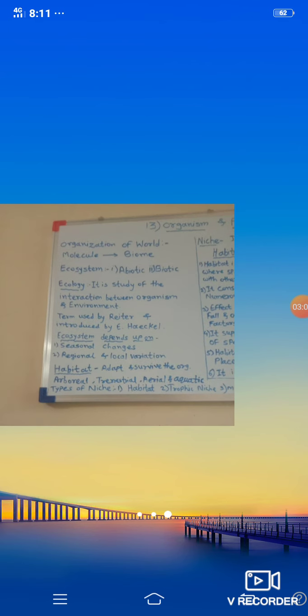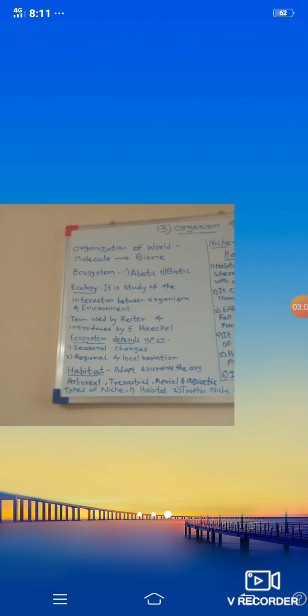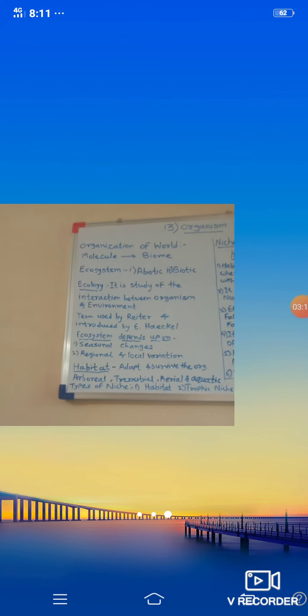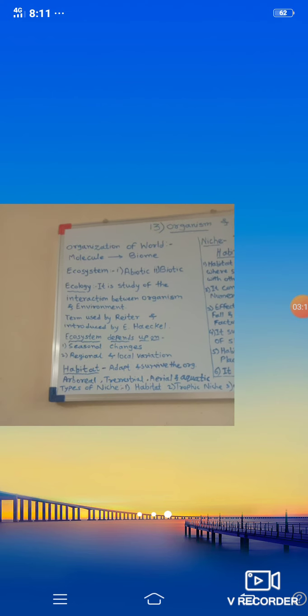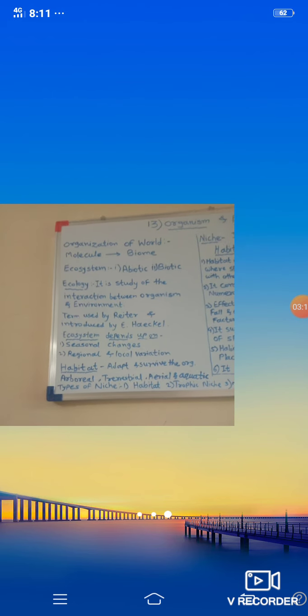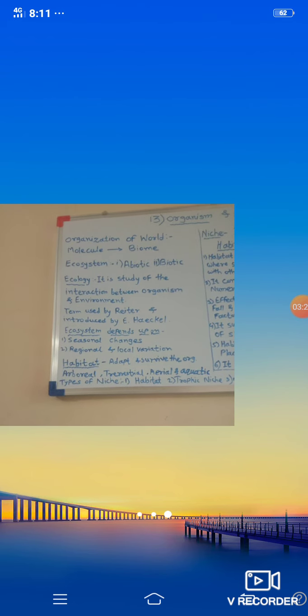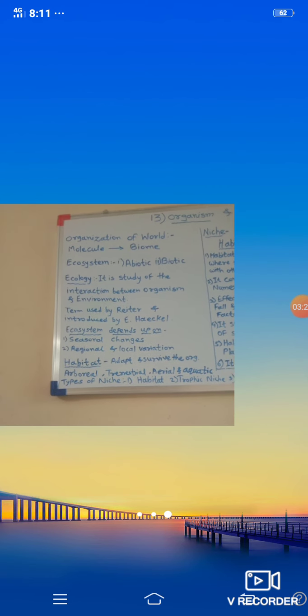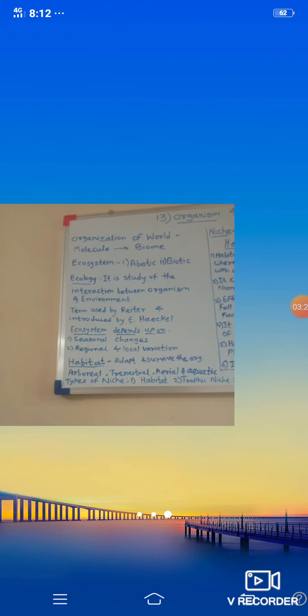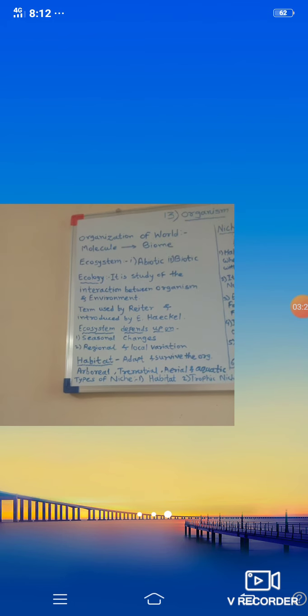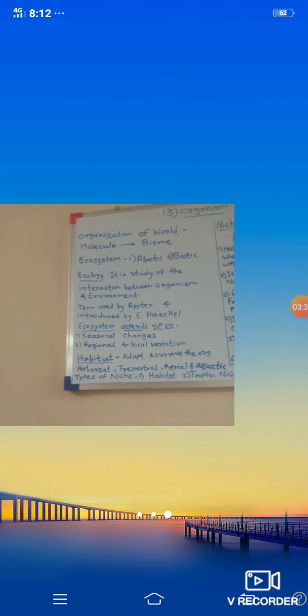Biotic means the living organisms. All living organisms are included in the biotic factor, and non-living components are present in the abiotic factor. And the abiotic as well as biotic factors collectively form the natural system, which is called an ecosystem.